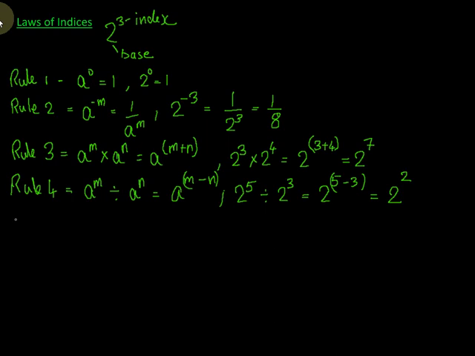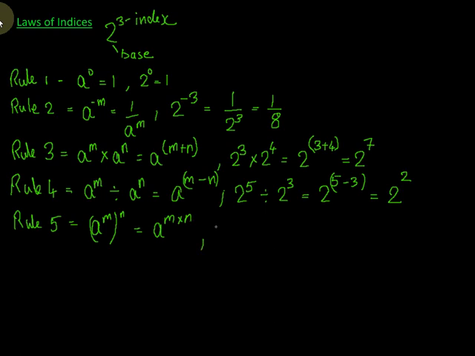Now let's go to rule number 5, which is 8 to the power of m, brackets n. We can write this as 8 to the power of m times n.